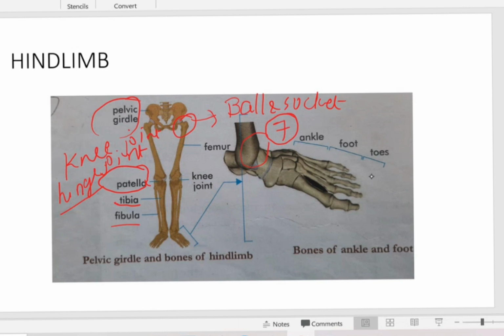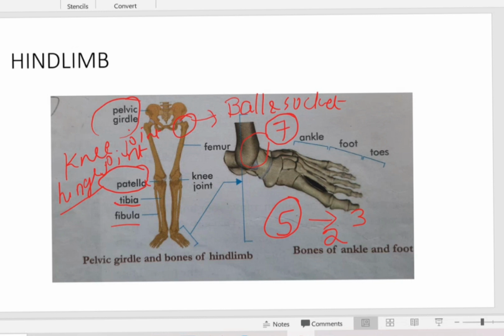You can see the toes. So how many are there? 5 are there, the same way as the palm. The long ones have 3 small bones connected to each other, and the short one has only 2. So this is about your hind limb.